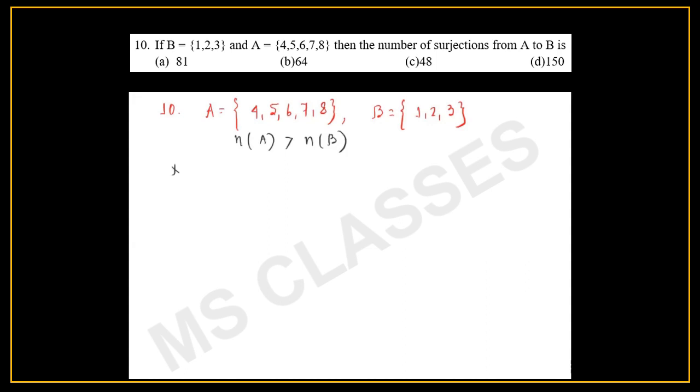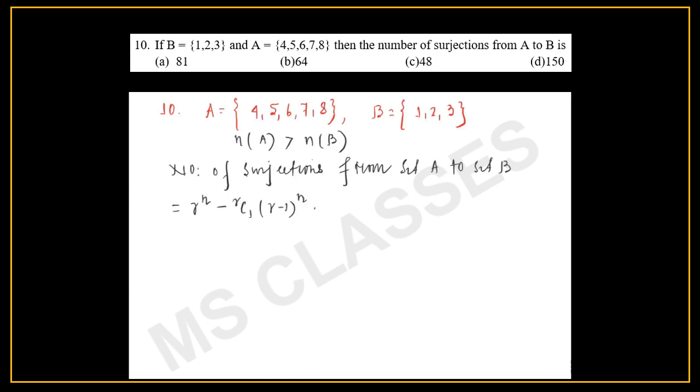So write number of surjections from set A to set B. Now here, as per the general formula, r to the power of n minus rC1 (r minus 1) to the power of n plus rC2 (r minus 2) to the power of n minus rC3 (r minus 3) to the power of n.